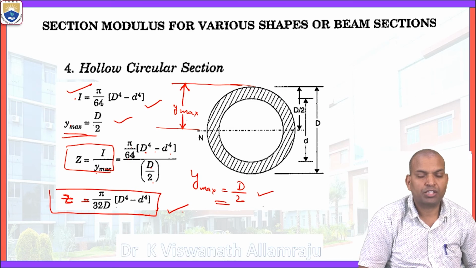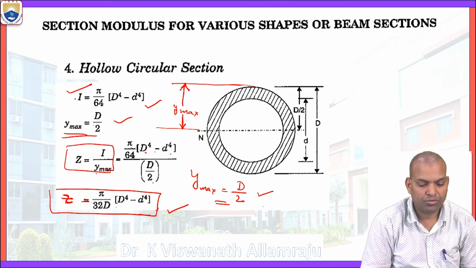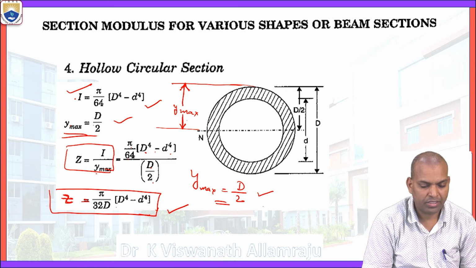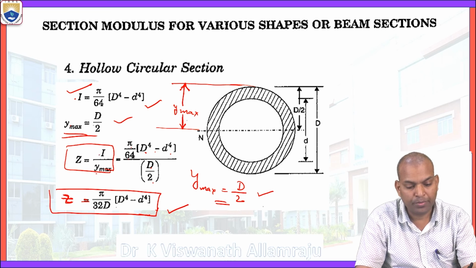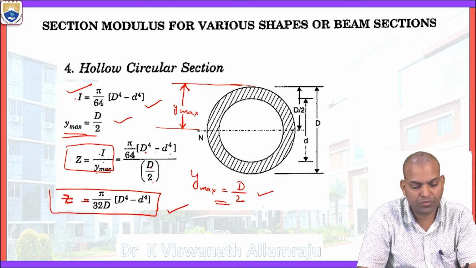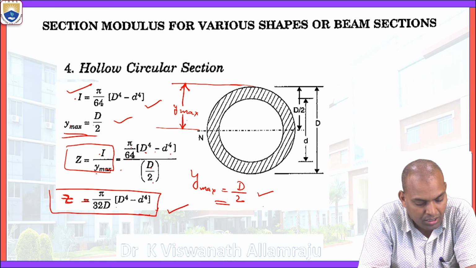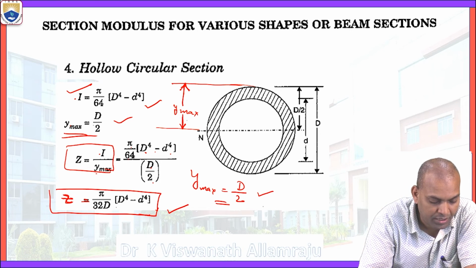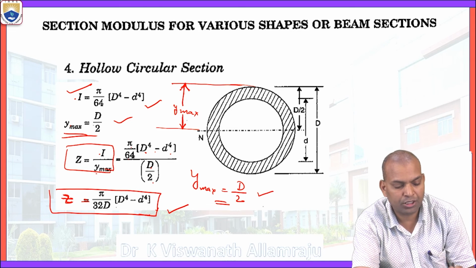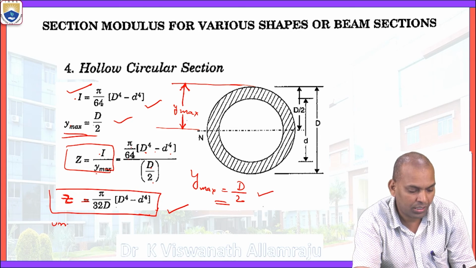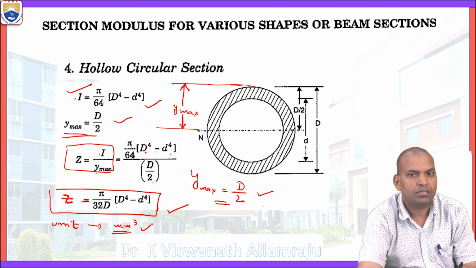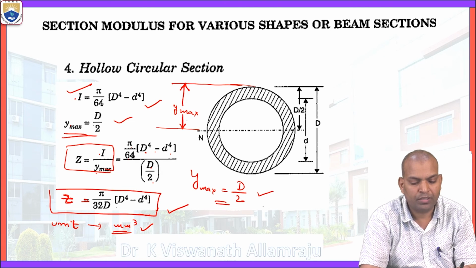Thus, the section modulus value is pi by 32D into capital D power 4 minus small d power 4. The moment of inertia value is pi by 64 times capital D power 4 minus small d power 4, but the section modulus is pi by 32 times D, capital D power 4 minus small d power 4. Again, what are the units? The unit for section modulus is millimeter cube. Units for moment of inertia is millimeter power 4.